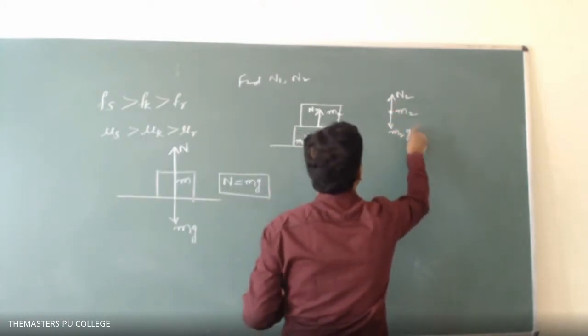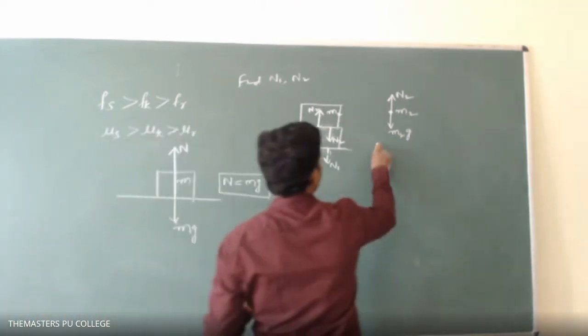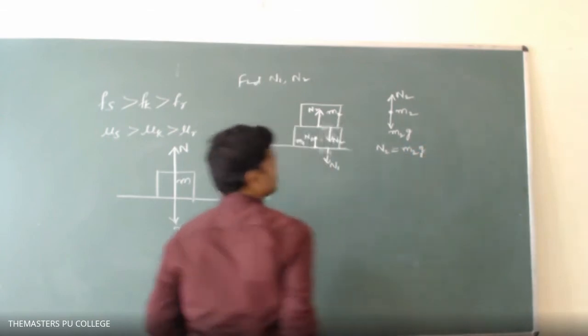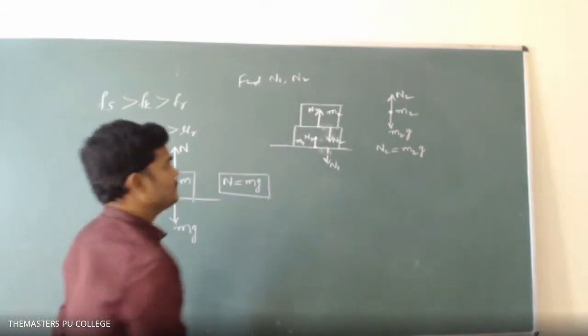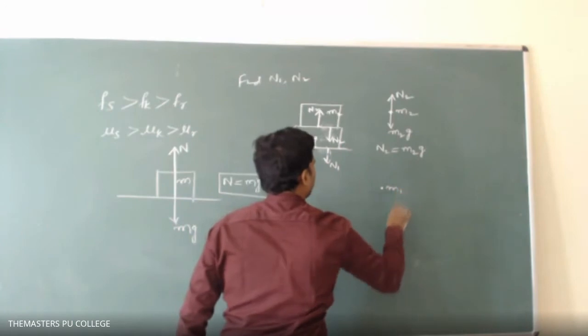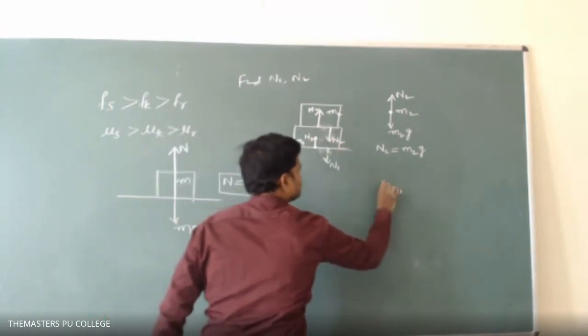What is this? M2g. Clear? Then what is N2? N2 equals M2g. Is it clear? That is the N2 formula. Coming to M1. On M1, N1 is up.